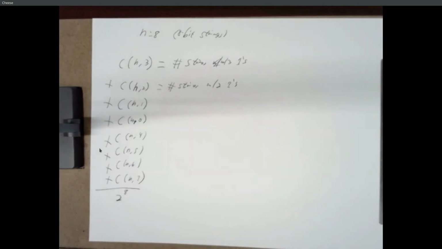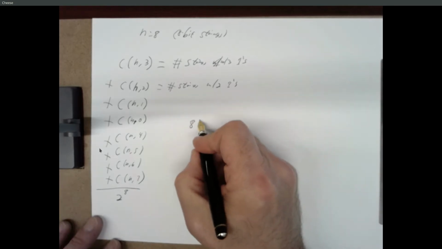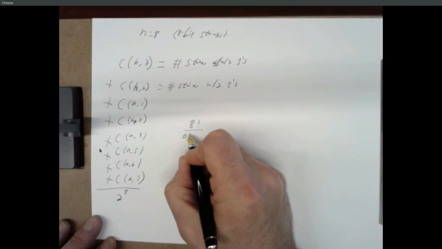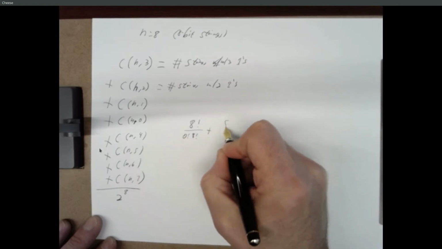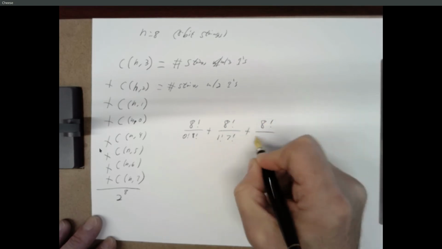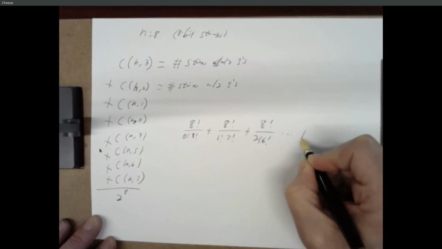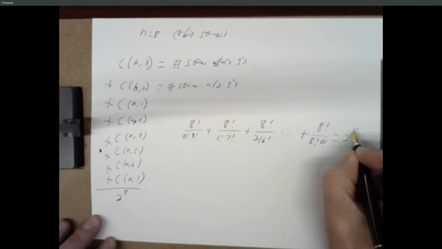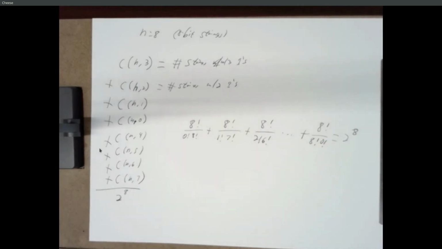But if I write these out, what I'm going to get is something like 8 factorial over 0 factorial times 8 factorial, plus 8 factorial over 1 factorial times 7 factorial. That's going to come out to be a power of 2.